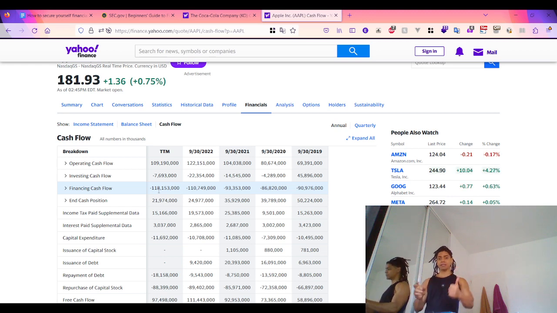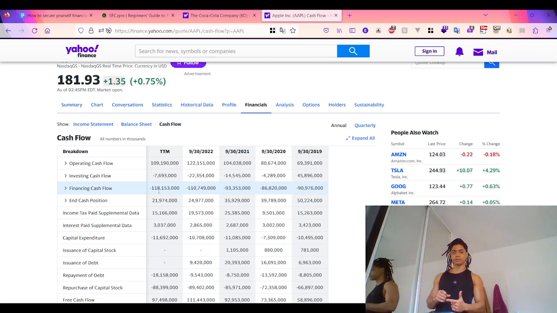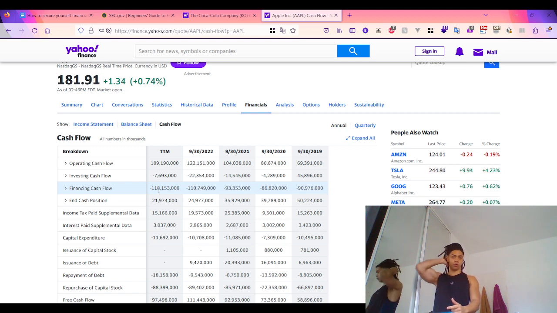You have loans from banks or companies, where companies go to financial institutions, like private equity or venture capitalists, they go for that route and create these notes payable.